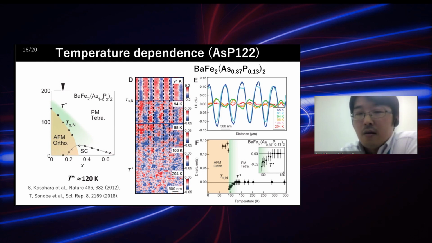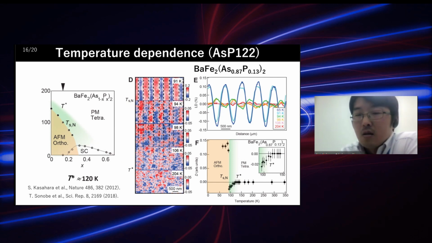Then below TS, we observe the clear stripes, but just above TS or TN, the sign of the stripes suddenly changes, and also its amplitude is suppressed. After that, by increasing the temperature, this peak intensity disappears above T star.